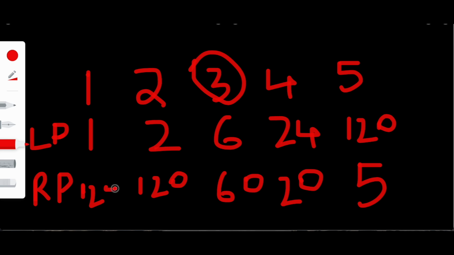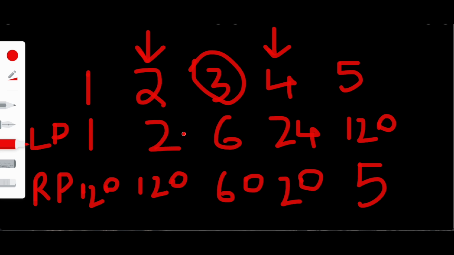Right. Now, how can we use these two arrays to calculate our particular answer in the previous example? So for example, we were considering index 3. In order to find the product of all the elements except this particular element, we need the product of all the elements before this and the product of all the elements to the right of this. So I can simply multiply those. If I consider index 3, the left product will give me 2, because the previous index contains 2.